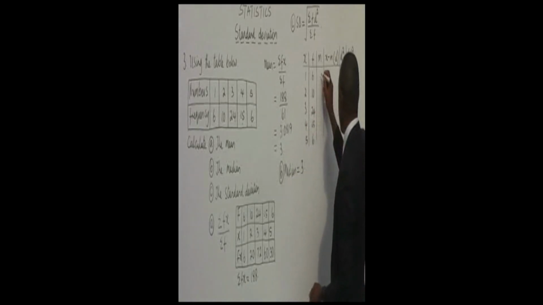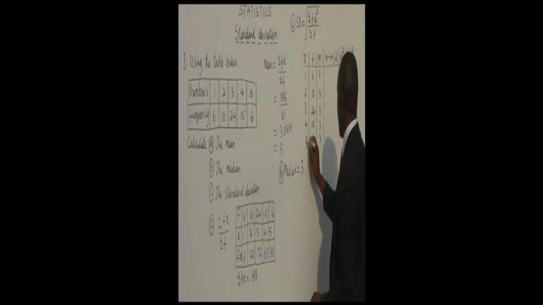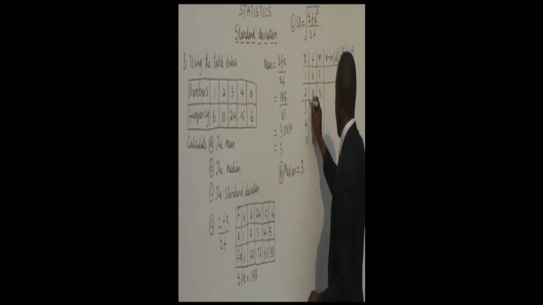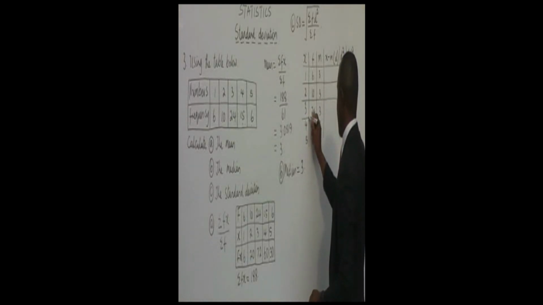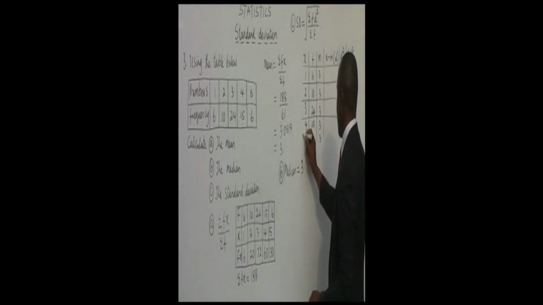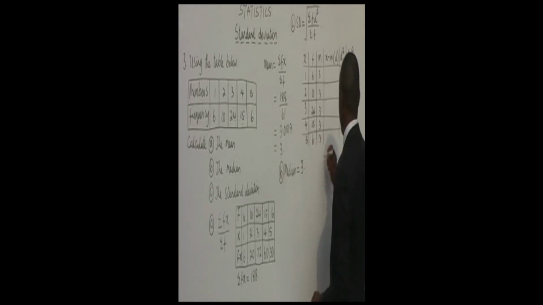Yes, 3. So let's have 3, 3, 3, 3, 3. So let's divide out this to form the table.